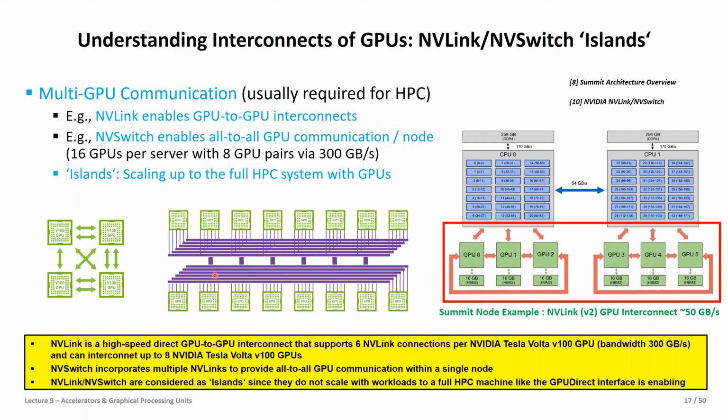But also this is limited, so you cannot really, that's why we call it islands. You cannot have a whole system interconnected in that way, like a Summit system. It has parts of it, of course, as NVLink and as NVSwitch on a more node basis, and basically this idea is not scaling up very well.